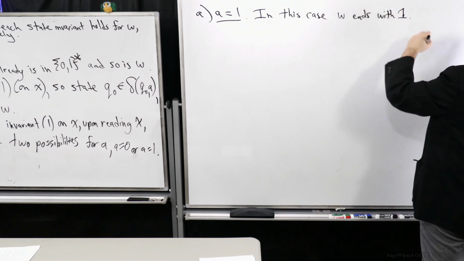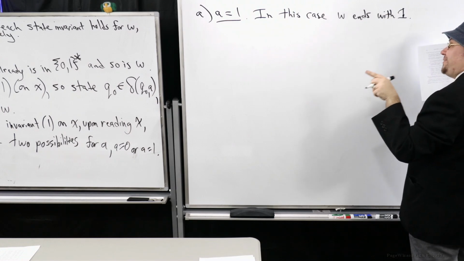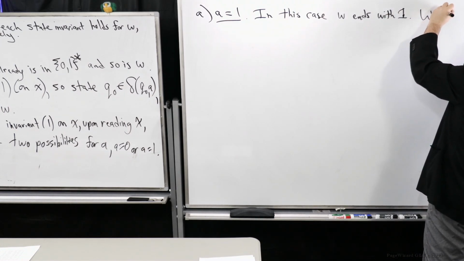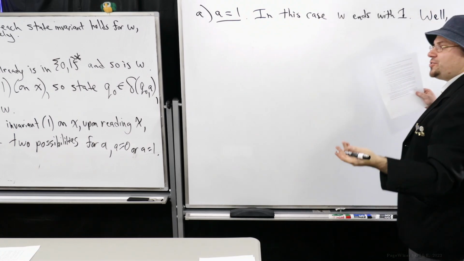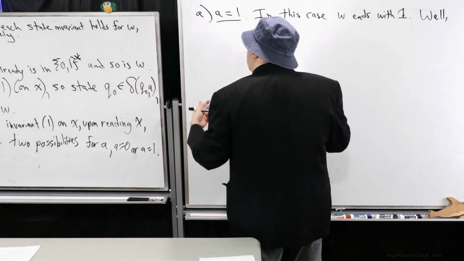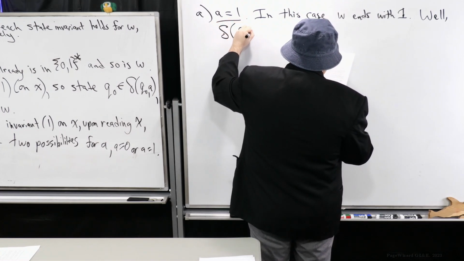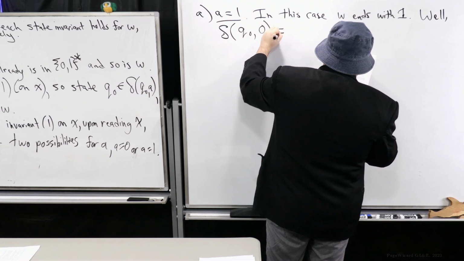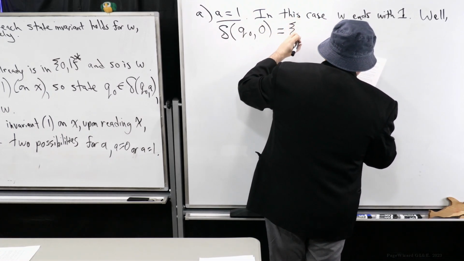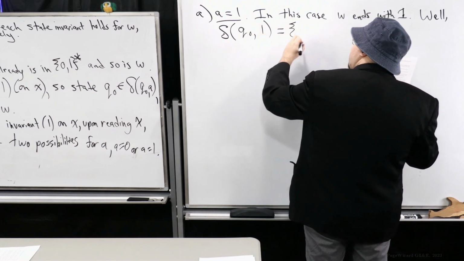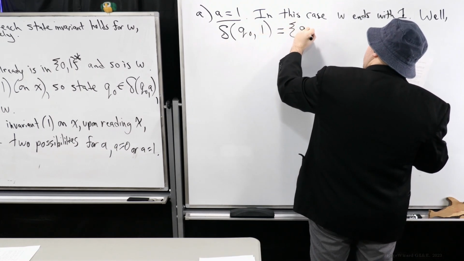Well, now that we know this as a matter of fact about A, let's just apply the transition function on Q0 reading 1. Actually, not reading a 0, we want to read a 1. Well, what is this? This is Q0, Q1, right?